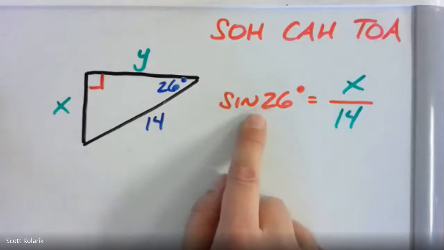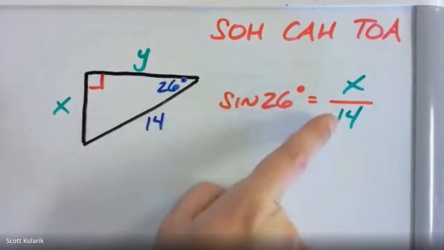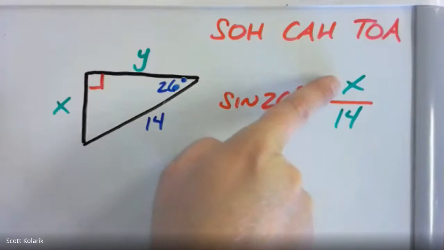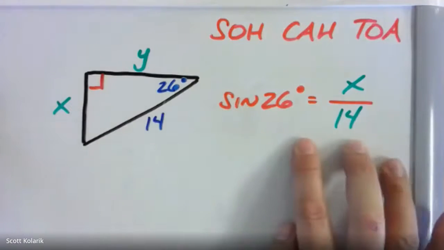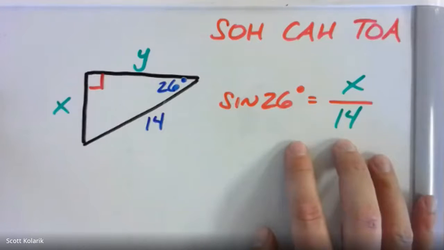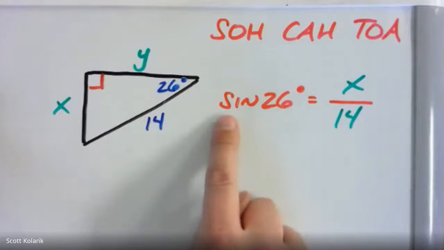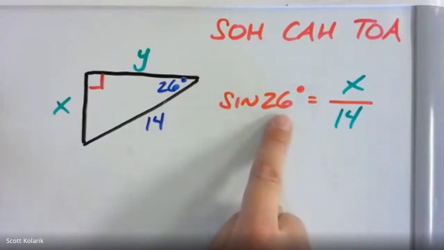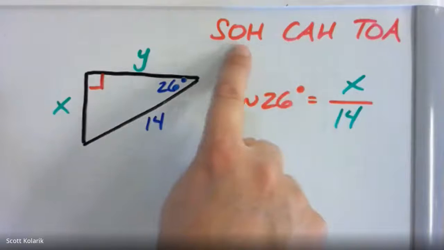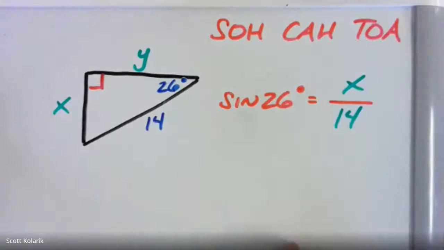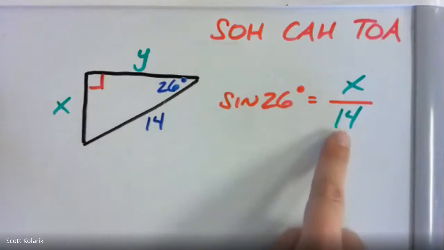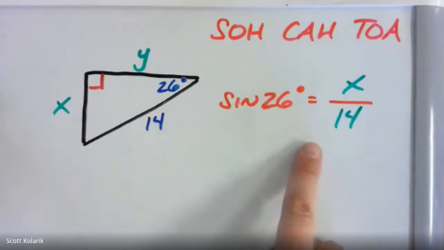But that sine of 26 degrees has to be the reduced version of whatever this division problem would result in. So how do I solve for my variable x? If you can set this up, this is the hard part of the problem. If you can set up the correct trig ratio, where I have some sine, cosine, or tangent of some degree measurement, and then I have the correct SOH, CAH, or TOA, in this case, SOH, then as long as I have this correct, I've done the hard part.